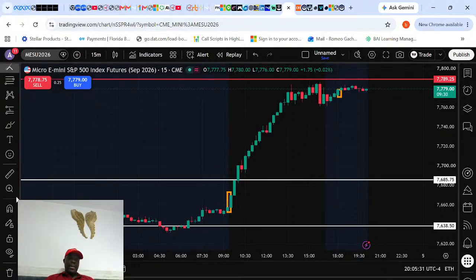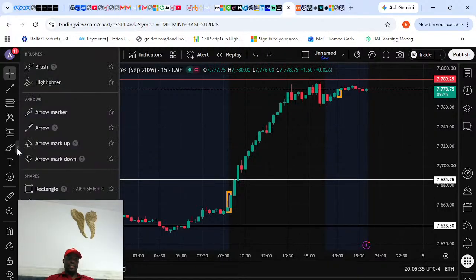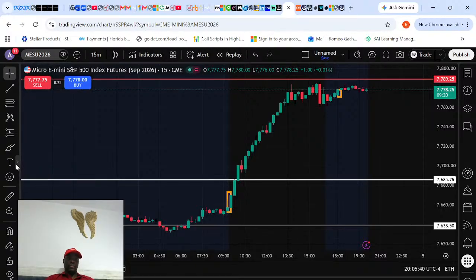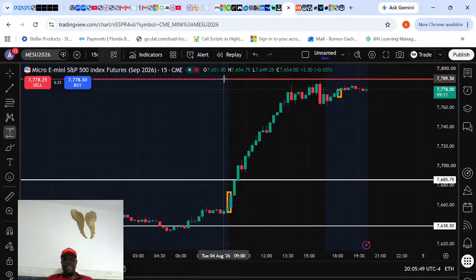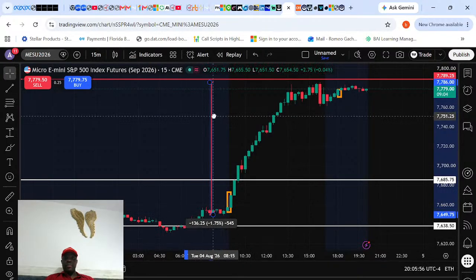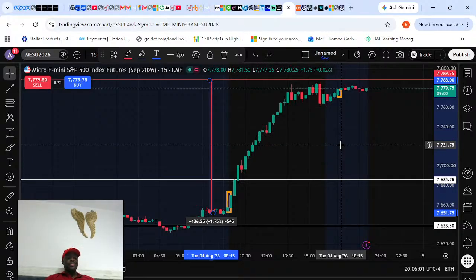So right here, see this tool called price range. I want to see from the all-time high here to this morning. It was 136 points. So the market moved 136 points up. So I just want to know that to see the distance.